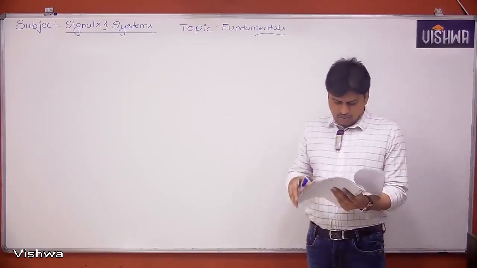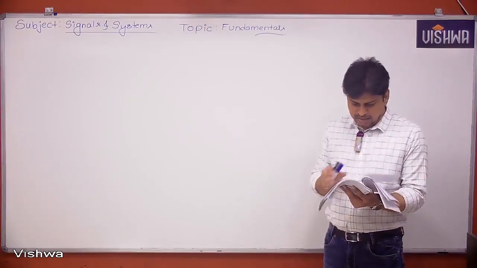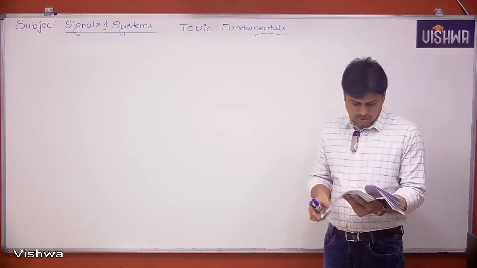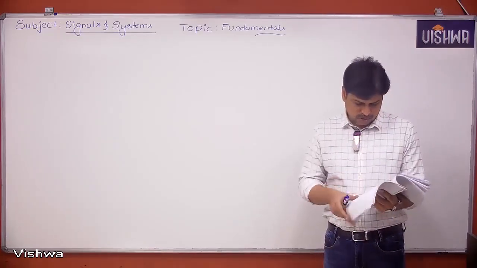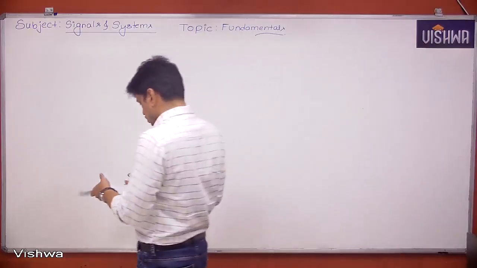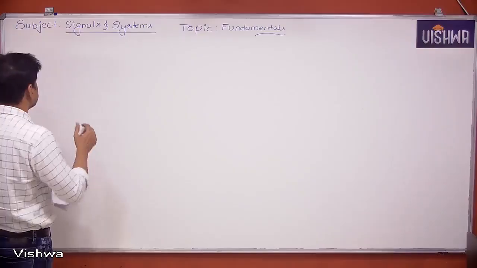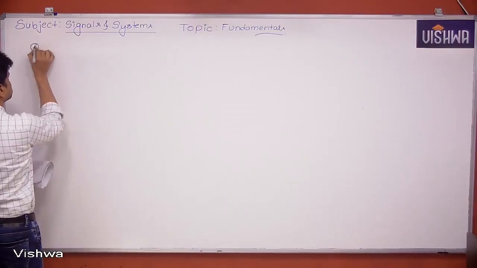So let's see one more question based on that, a previous GATE question, electrical 2010, so that you can understand how to solve that question. Okay. In your workbook, it's question number 8.